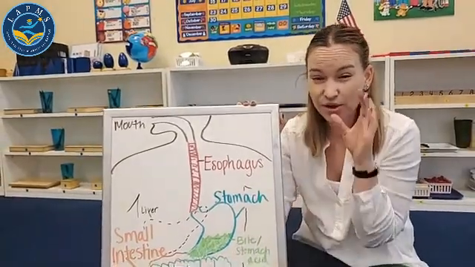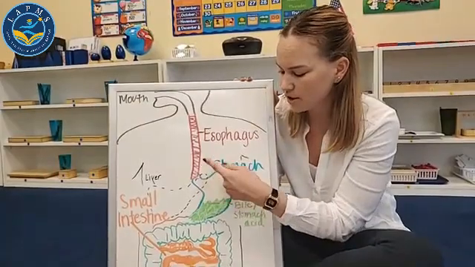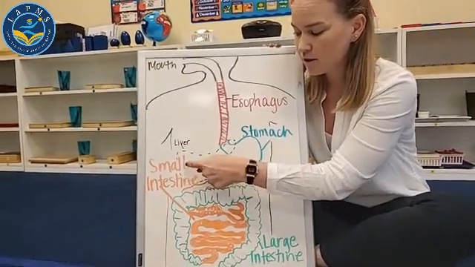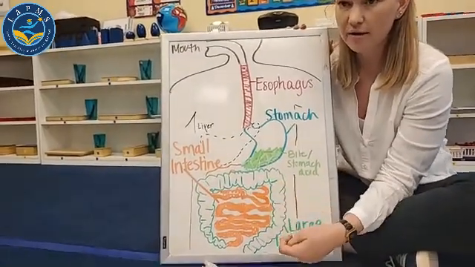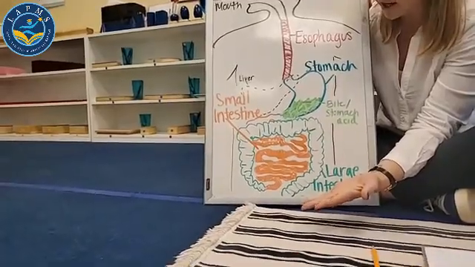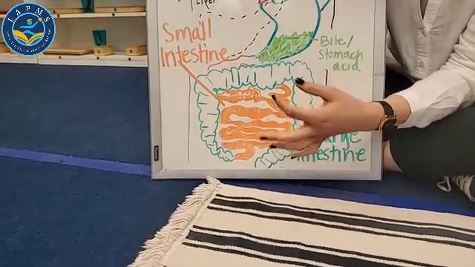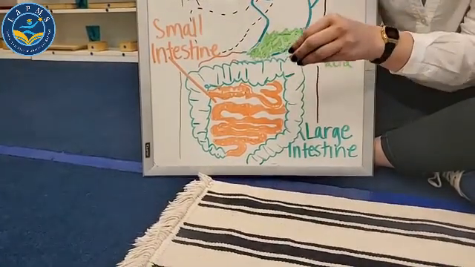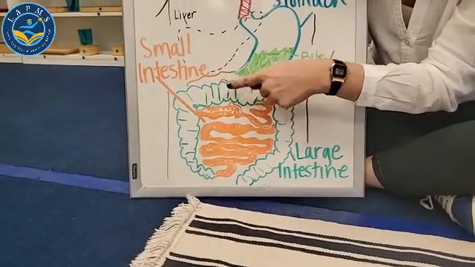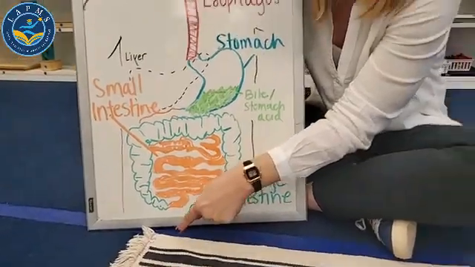So we're going to take a really closer look at the stomach today. But first, we know that after it goes in the stomach, it's going to go down to the, what's the orange part here? The small intestine. That's right. After it makes its way all the way through the small intestine, and after the body soaks up all of the nutrients in the small intestine, it's going to pass into the large intestine and then whoop, out your body.